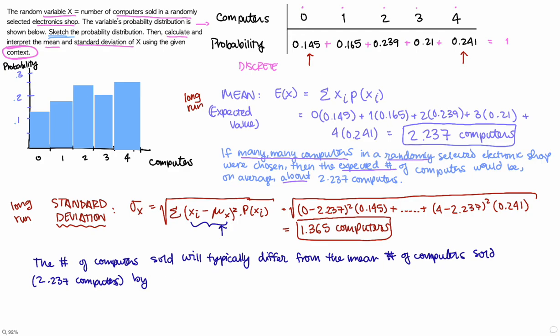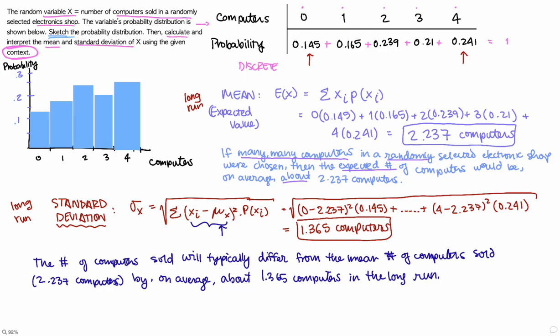So the number of computers sold will typically differ from the mean number of computers by, on average, right? This is long run, that's going to be the 1.365 computers. And if you want to be extra clear, you can just include in the long run.